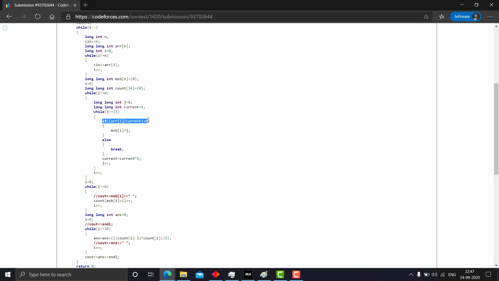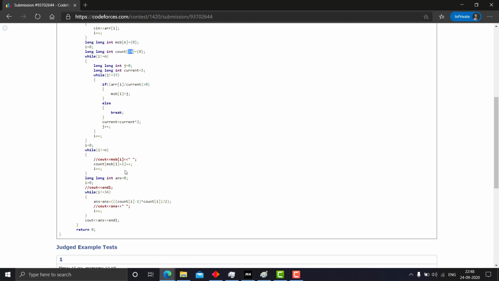This is just to get the most significant bit of the ith number of the array, which is a standard procedure. Then I just keep a count of the numbers that have i as their most significant bit.